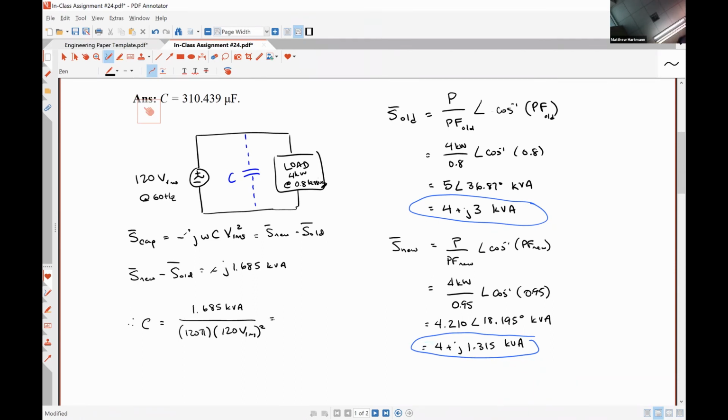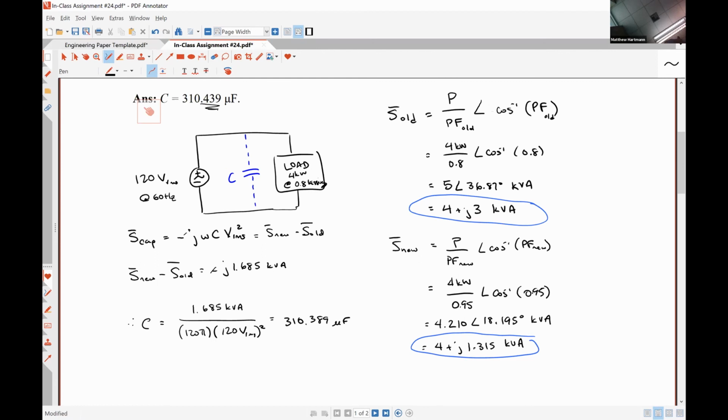And so, 310.389 microfarads. So a little bit off right here, probably due to a rounding error. Good enough for government work.